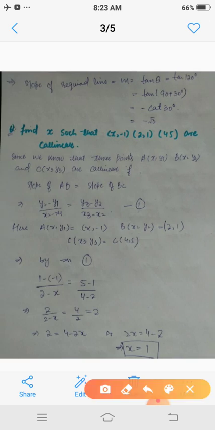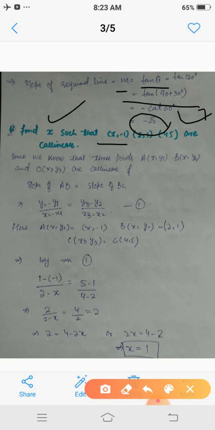So by definition the slope of this line is m equals tan theta, which is tan 120. Tan 120 can be written as tan of 90 plus 30, which is minus cot 30. Hence minus cot 30 is minus root 3, which implies that the slope of this line is minus root 3.